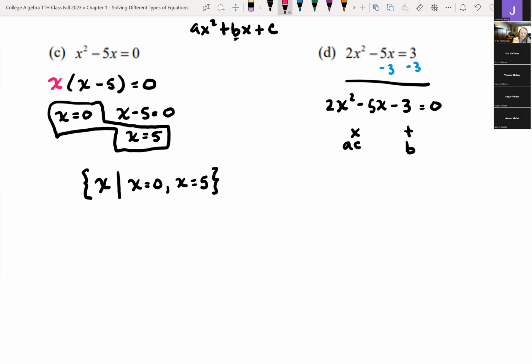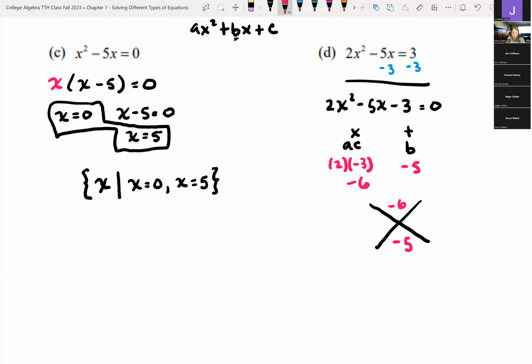For our example, our A coefficient, the number in front of the x squared, is 2. And our constant, the number without the x, is -3. Use the sign with it. If I multiply 2 times -3, I get -6. My B coefficient is -5. So you're looking for two numbers that multiply to give me AC, which is -6, and that add to give me -5.